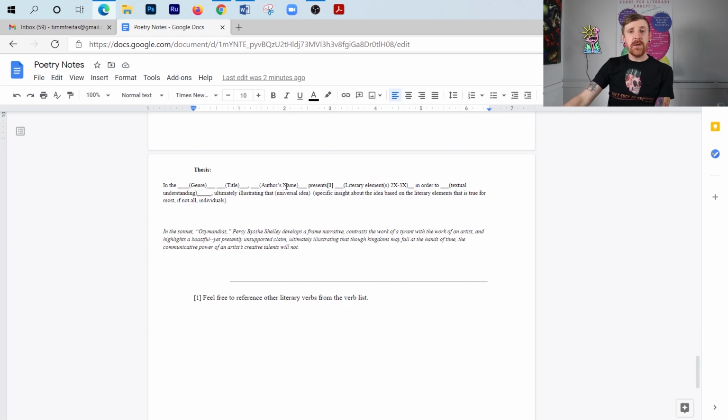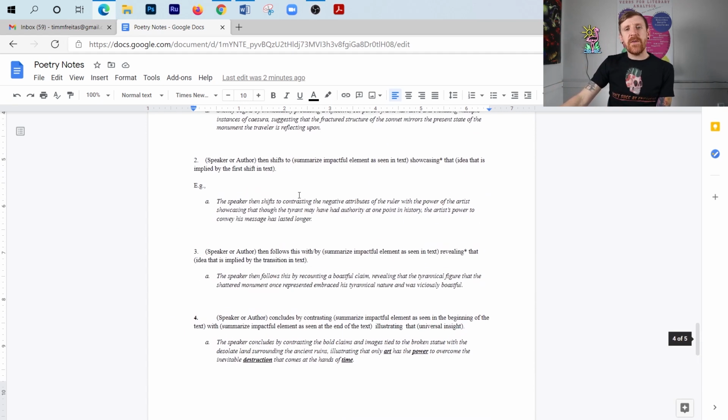In the genre, title, author's name, presents, or you can use any other literary verb, once again, consult the chart, presents these things happening in the text in order to reveal understandings of these things in the text, which ultimately illustrates, and then you have a universal insight there, or a thematic statement.